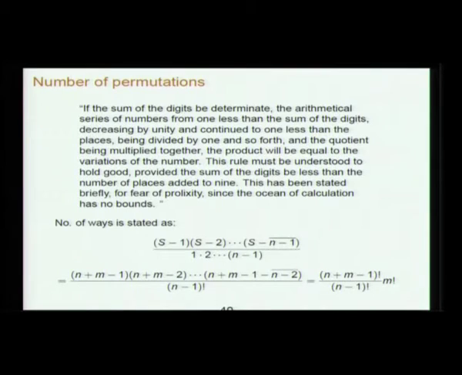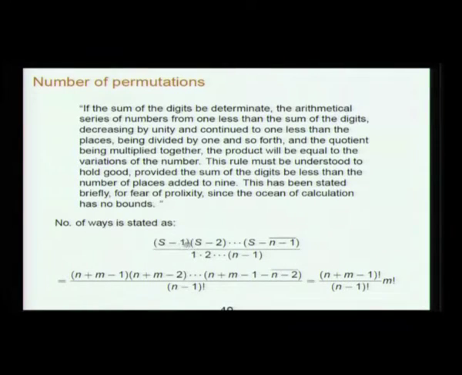If the sum of the digits be determinate, the arithmetical series of numbers from 1 less than the sum of the digits decreasing by unity and continued to 1 less than the places, being divided by 1 and so forth, and the quotients being multiplied together, the product will be equal to the variations of the number. So the number of digits is n, the sum of the digits is s.